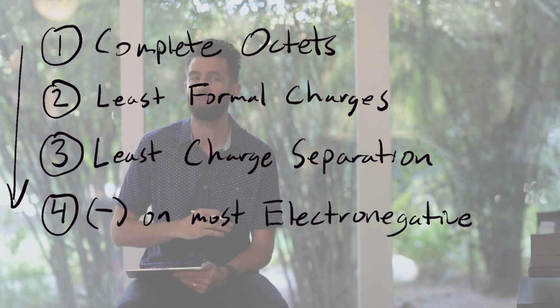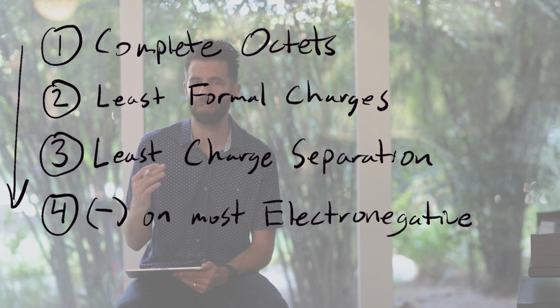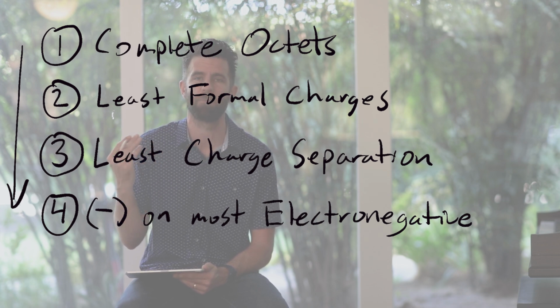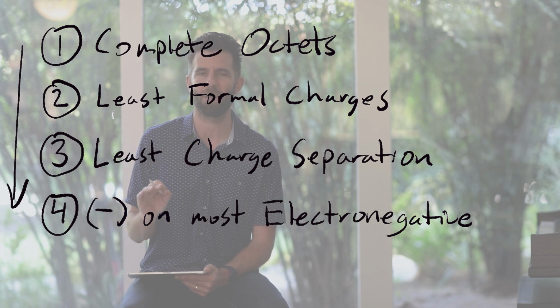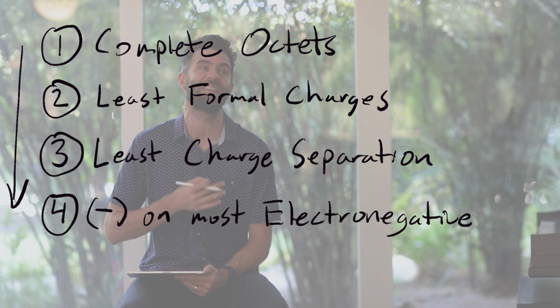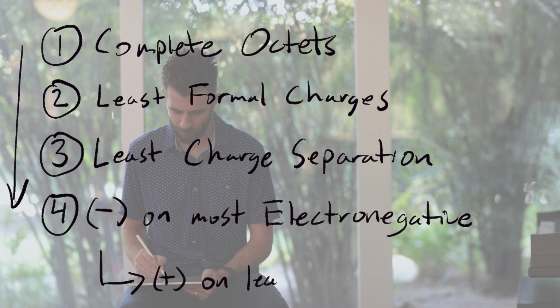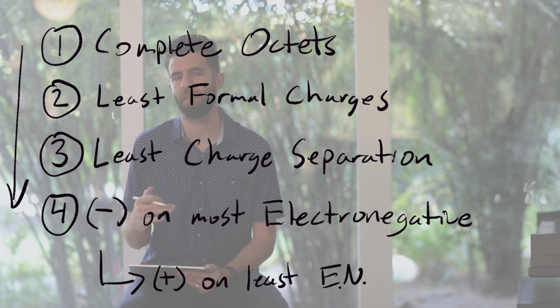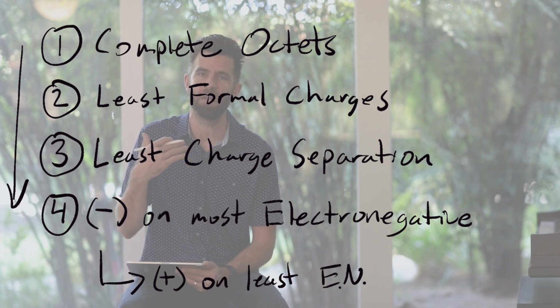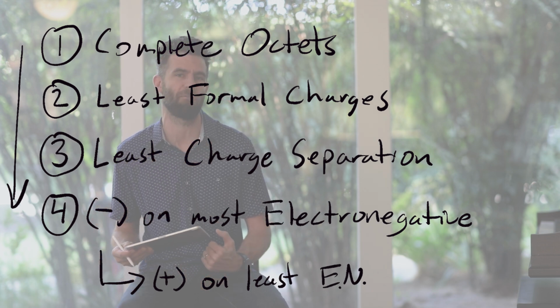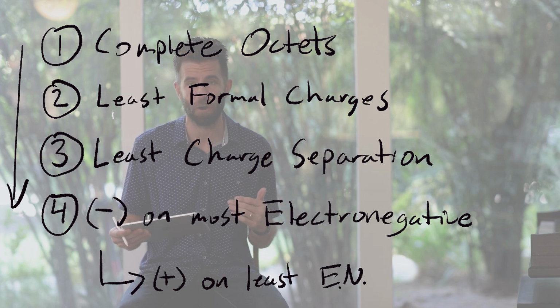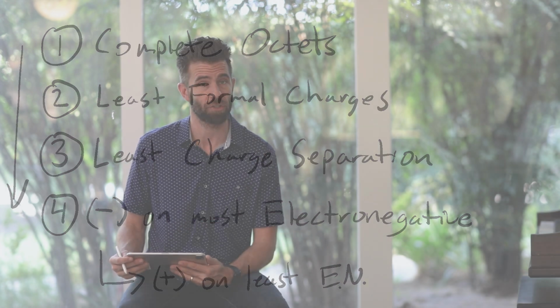If all of these others are equal, then we would compare the two based on this 4th point. We don't get to that point even that often. The sub point, of course, is that a positive charge on the least electronegative atom would also be important, but this is the least important of all of them, and I've almost never seen us get that far when comparing Lewis dot structures.